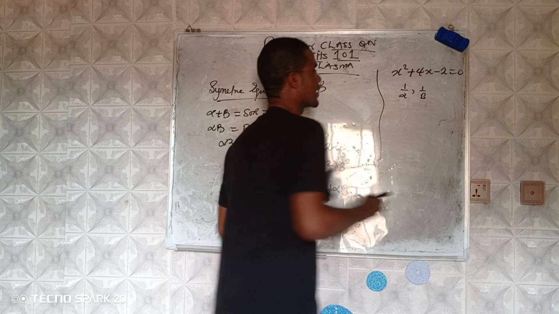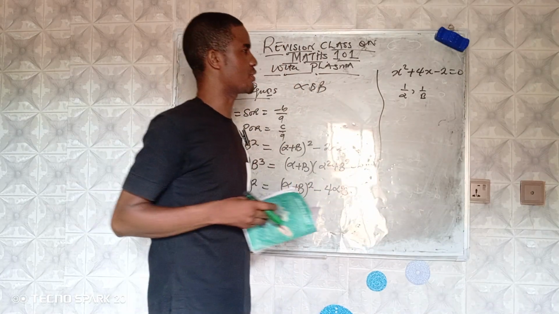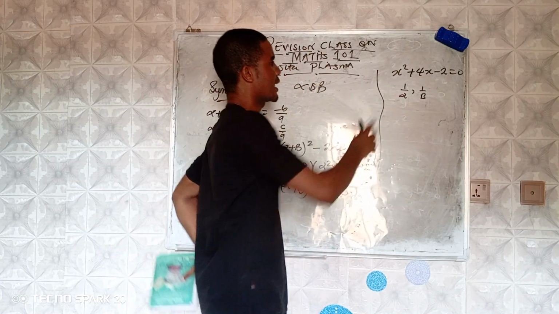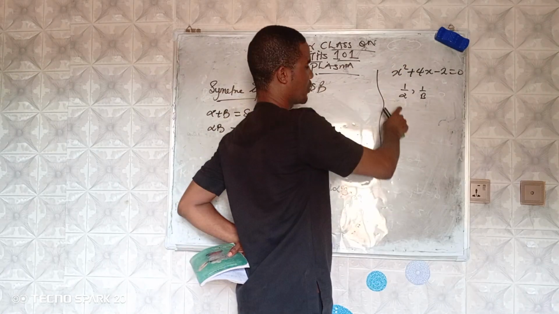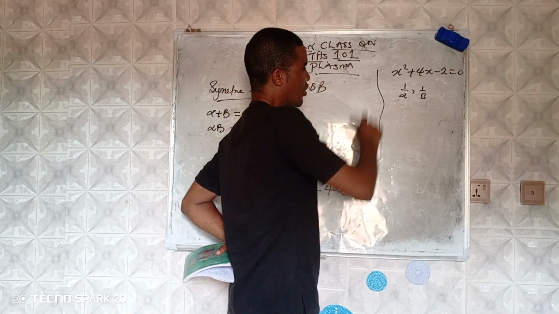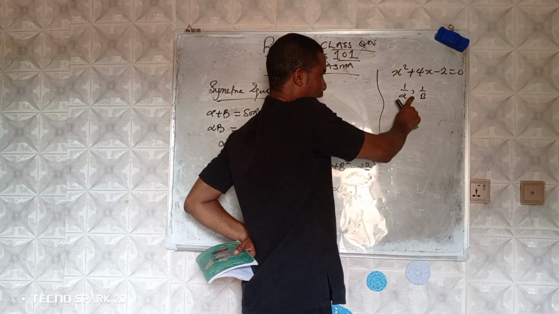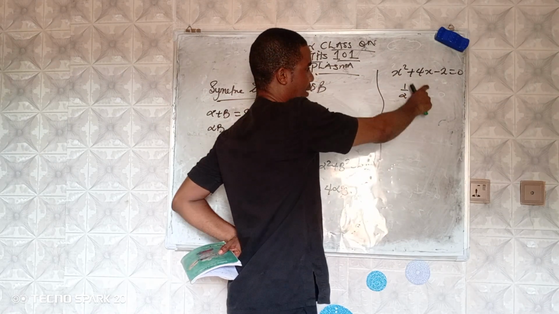You have many of these in your mathematical workbook. If alpha and beta are the roots of this equation, form an equation whose roots are 1 over alpha, 1 over beta.